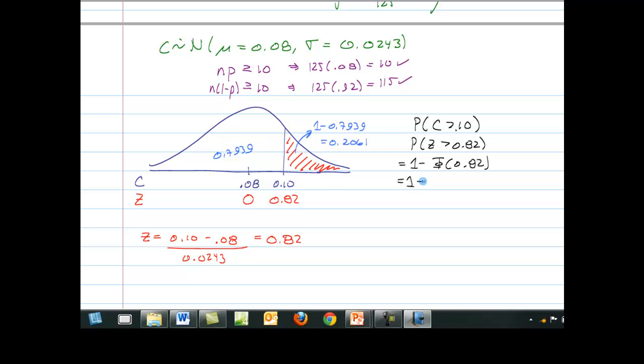If I look up 0.82, I get 0.7939, which gives 0.2061. So again, this makes pretty good sense when we're using those normal tables. It just looks like a big puzzle again. So the important thing to remember here is we're still standardizing. We still standardize by taking my observation minus the mean divided by the standard deviation. But what's changed here is how we calculate those distributions and whether that sample size condition has been met.